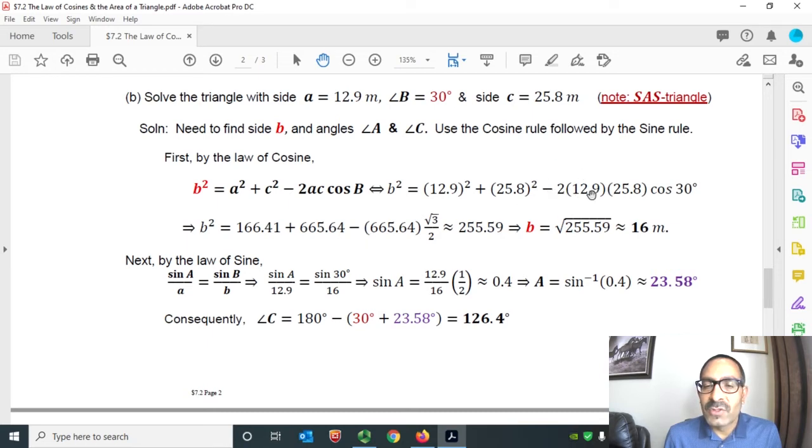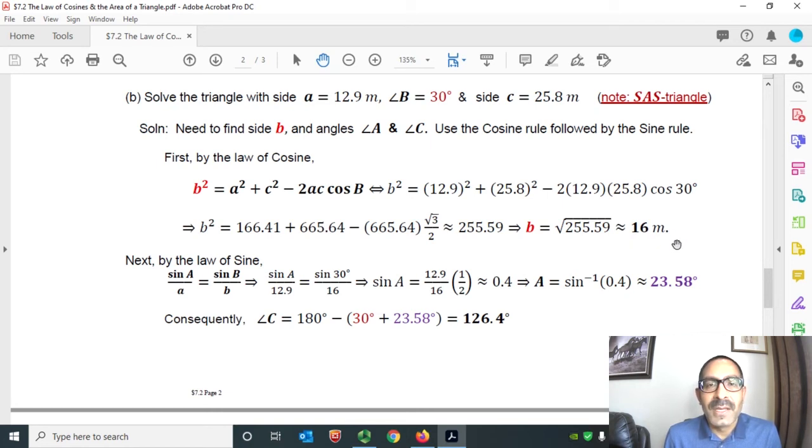Now 2 times 12.9 times 25.8 turned out to be 665.64. And cosine 30 degrees is simply radical 3 over 2. Now simplify this number, which gives approximately 255.59, and taking the square root of both sides, b turns out to be approximately 16 meters.